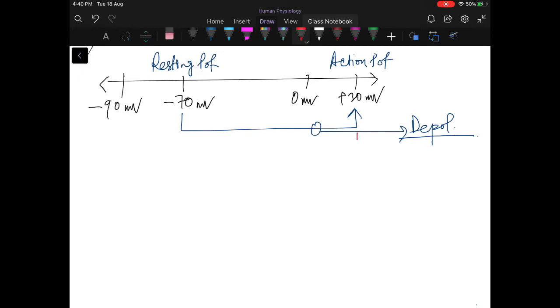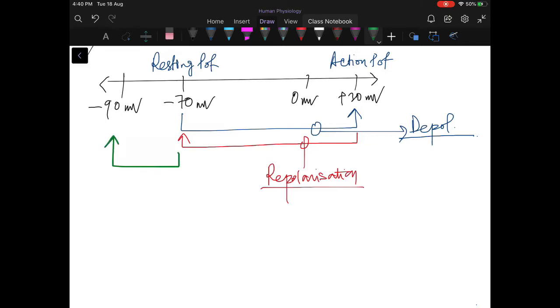Just the exact opposite, when the voltage goes from plus 30 millivolt to minus 70 millivolt, we call it repolarization. Please keep some space under the headings so that we can write some important notes. And if the voltage goes from minus 70 millivolt to minus 90 millivolt, it is called hyperpolarization.